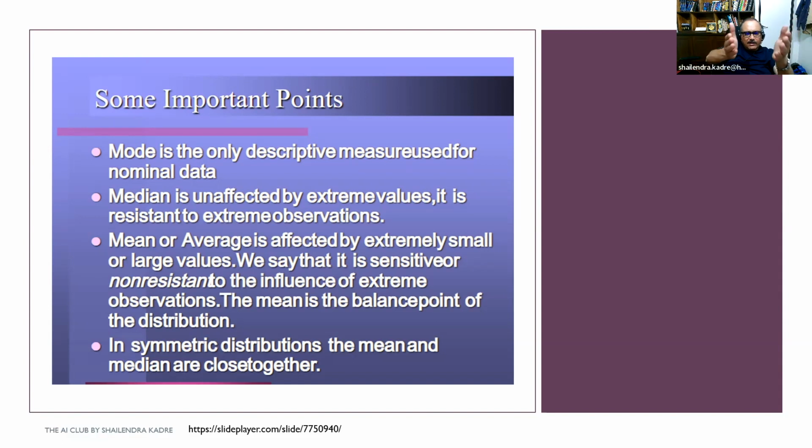So mean, median and mode will fall at the same point. If the distribution is asymmetric, like when the right tail or the left tail is larger, then mean, median and mode fall at different points.